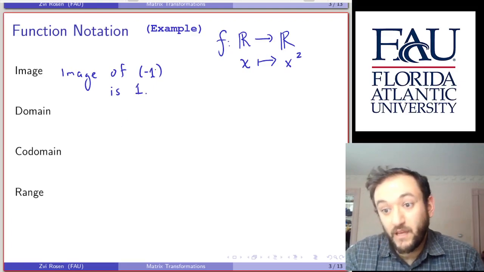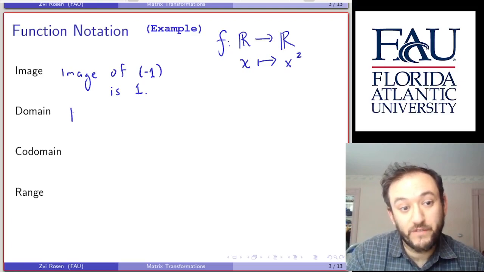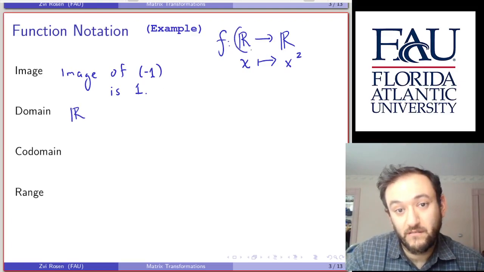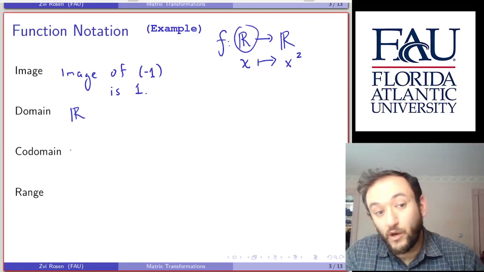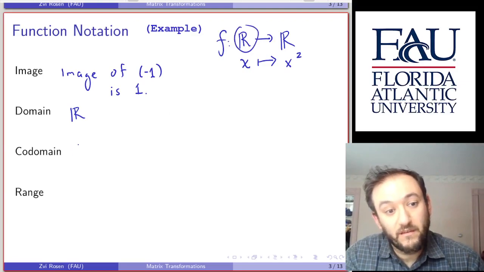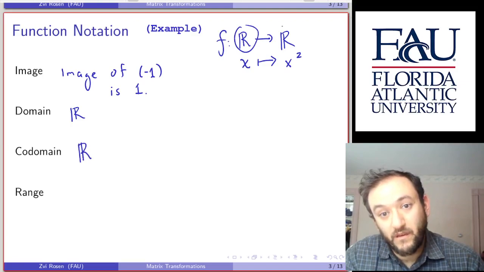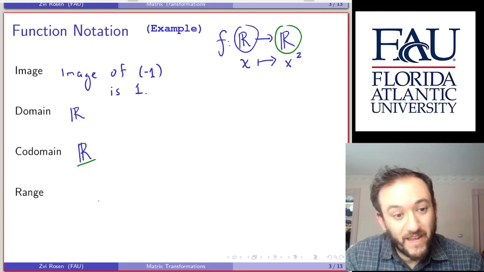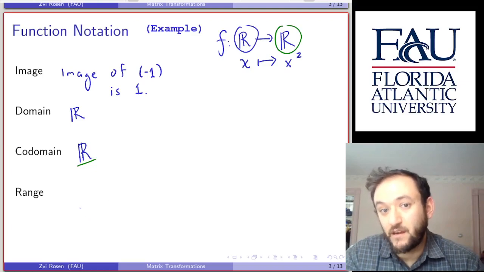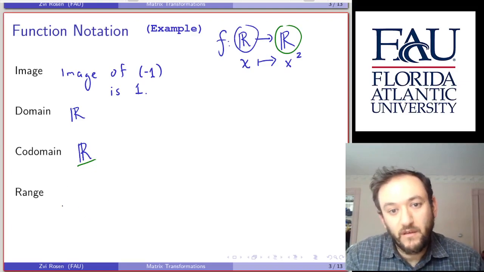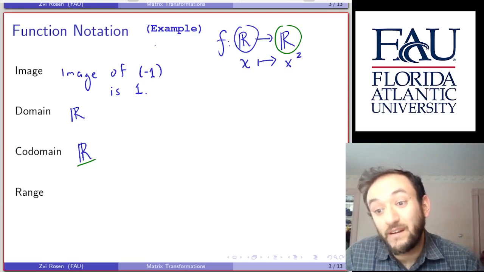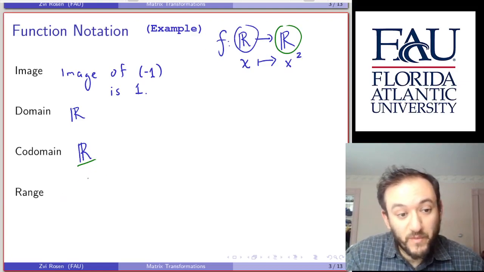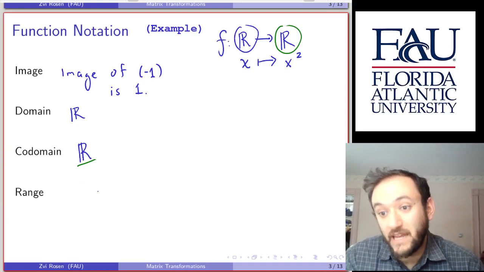As for the domain, it's the first set here. The codomain will be the second set. That goes here. As for the range, this is the subset of elements that are images. So I know there's not going to be any squares that are negative here. So this will be all non-negative numbers.